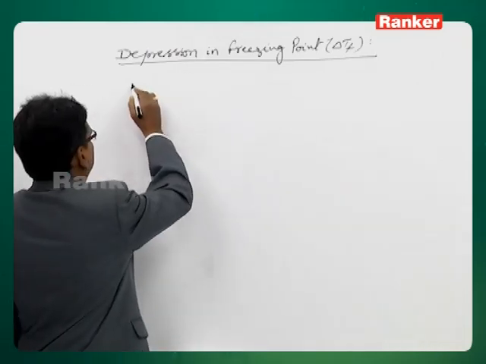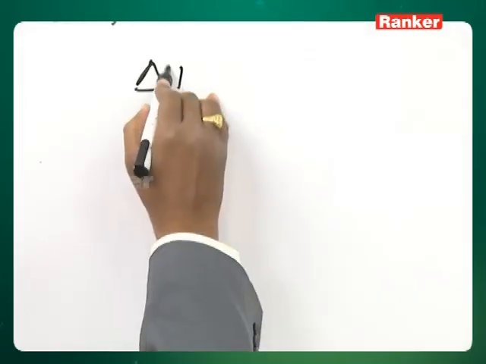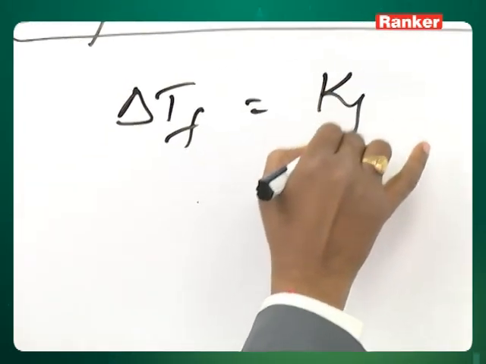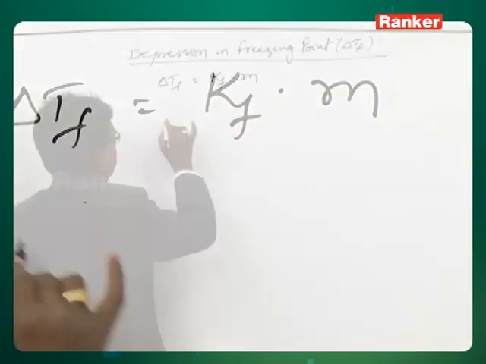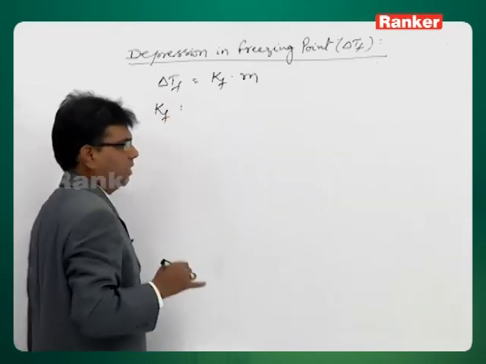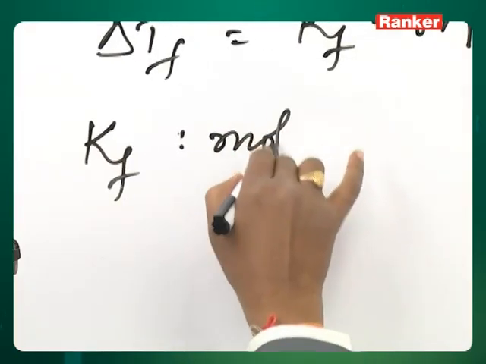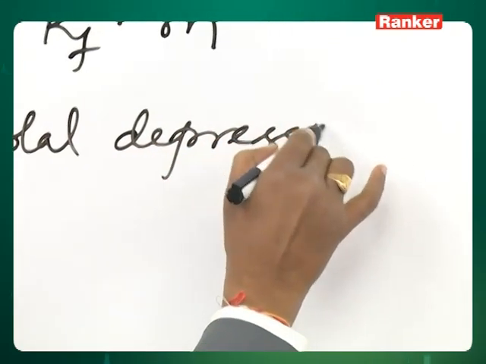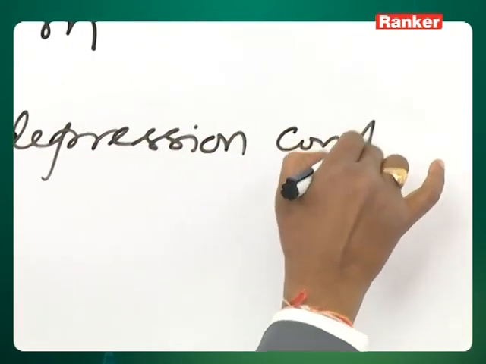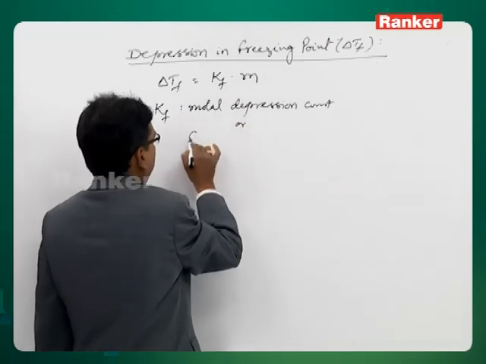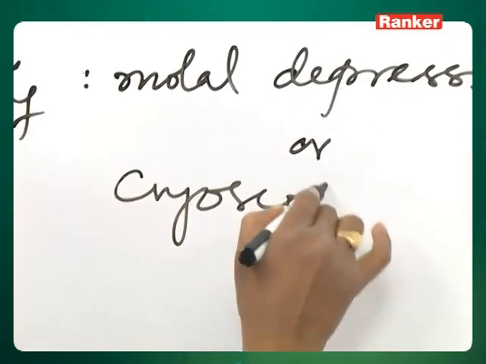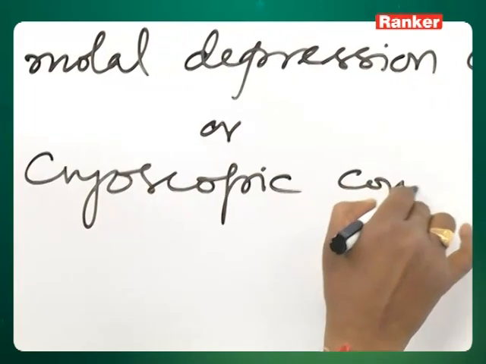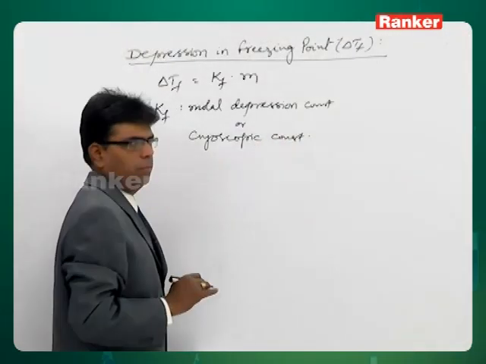Now, depression in freezing point: delta TF is equal to Kf into molality, where Kf is what we are calling the molal depression constant or cryoscopic constant.